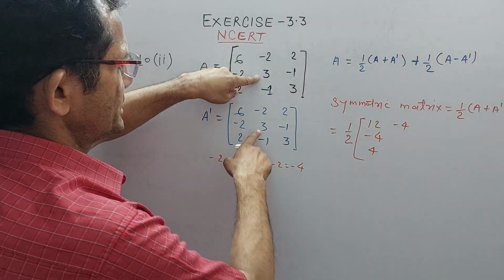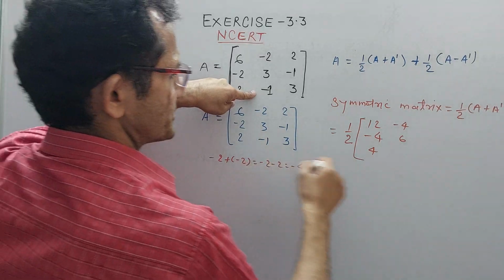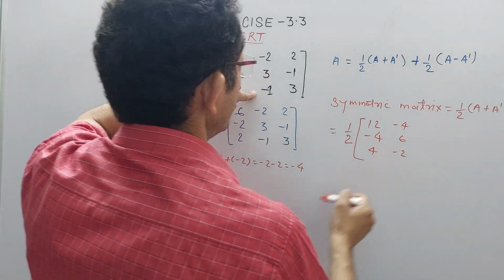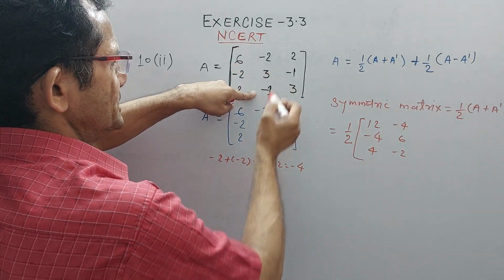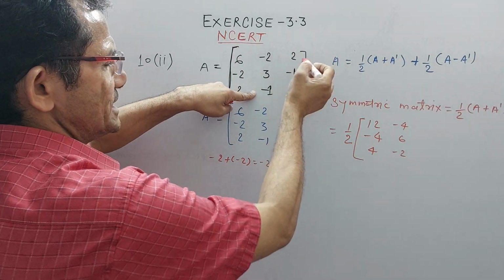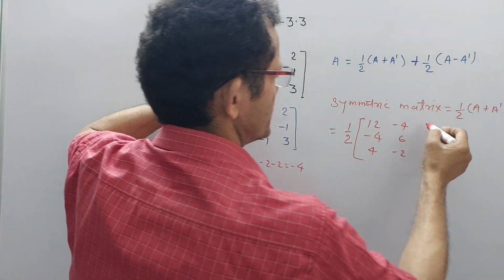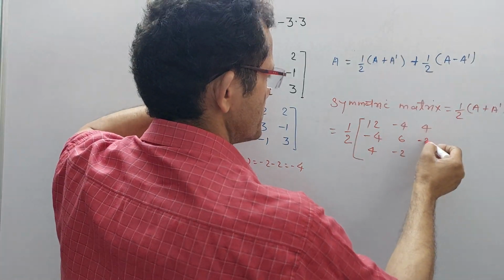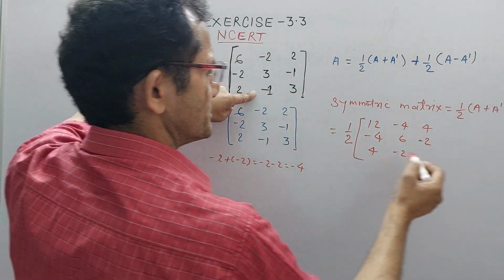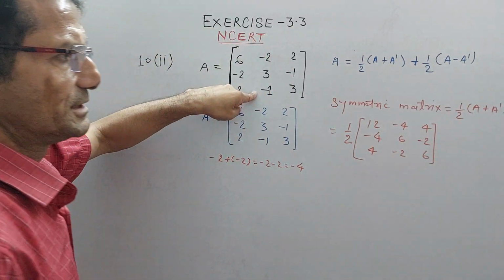Next entry 3 plus 3 will be 6, and minus 1 plus minus 1 will be minus 2. In the first row, third column, 3 plus 3 is 6 and minus 1 plus minus 1 will be minus 2, and here 3 plus 3 will be 6. So now it is our symmetric matrix.